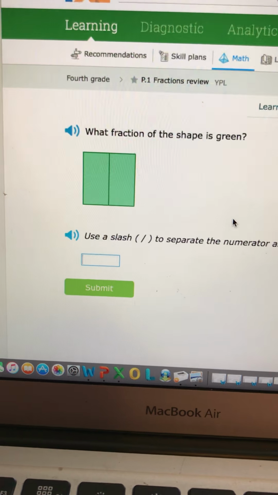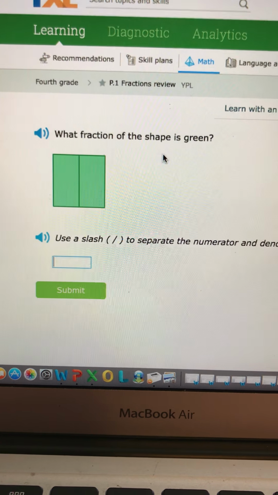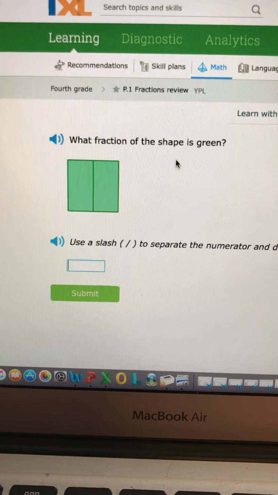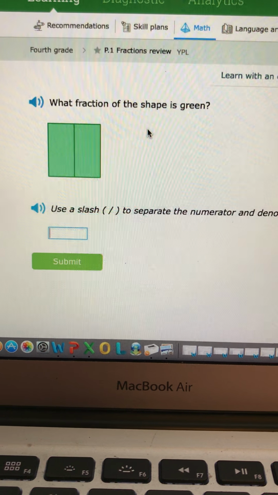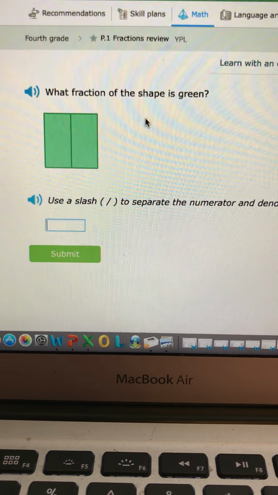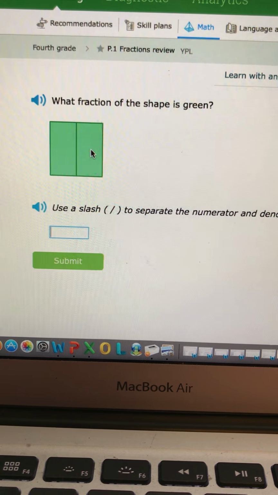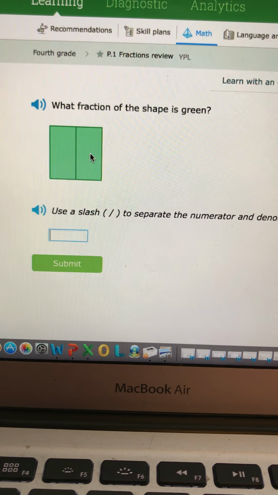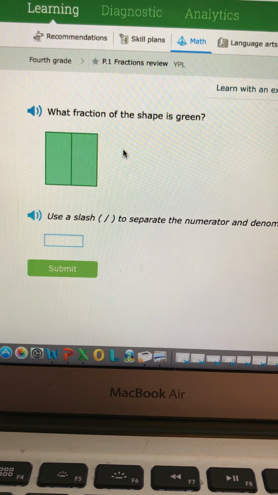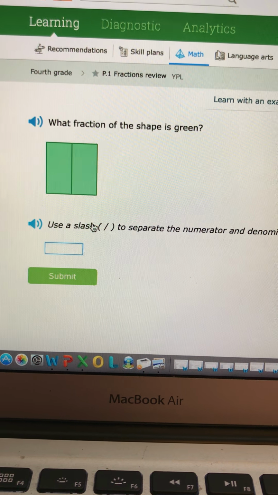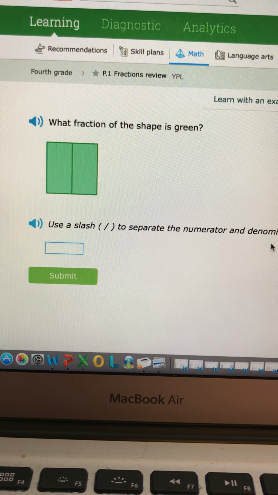So let's look at this one. What fraction of the shape is green? Well, I look at it, and to me, all of it is green. How many parts is it divided into? 1, 2. So, 2 out of 2 parts are green. So, use a slash to separate the numerator and denominator.